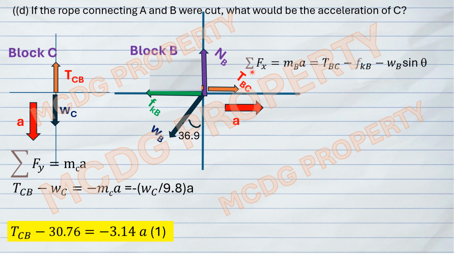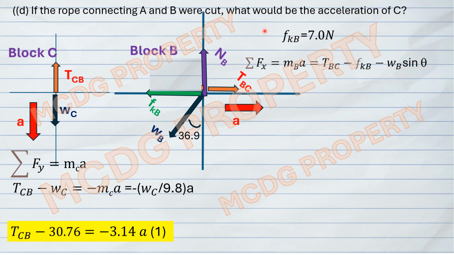So you have the tension that connects B and C is positive, minus the force of kinetic friction between block B and the surface, minus the x component of the weight. It is negative because, as you can see in the diagram, the x component of the weight of block B is along the third quadrant.